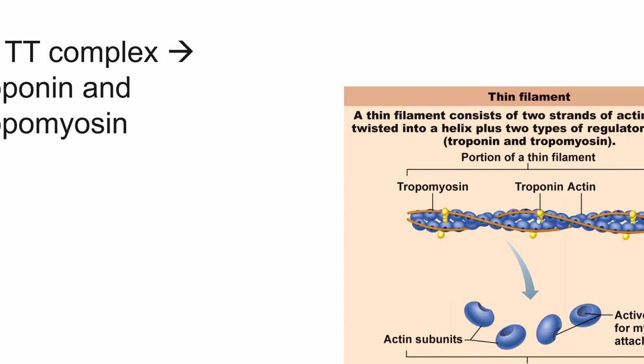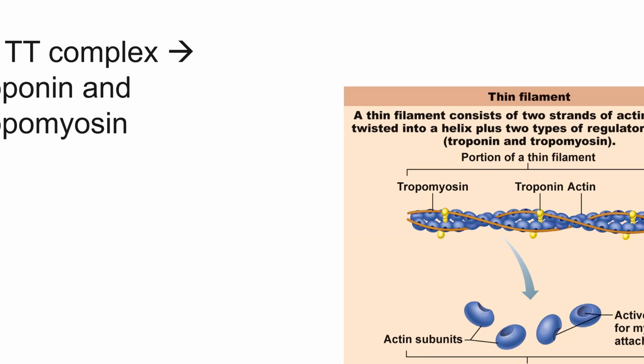The troponin, I look at that like a U-bolt, something that's holding that tropomyosin down. By holding the tropomyosin down, it is covering up the active binding sites on the actin.